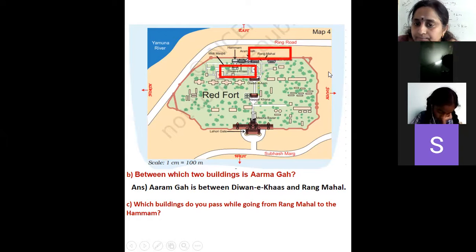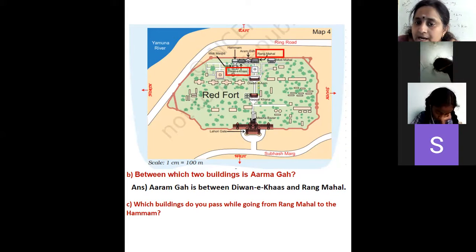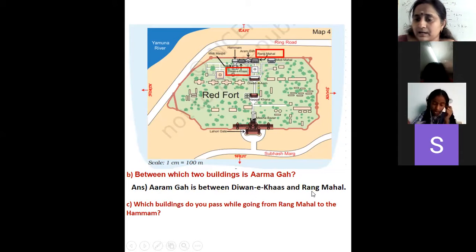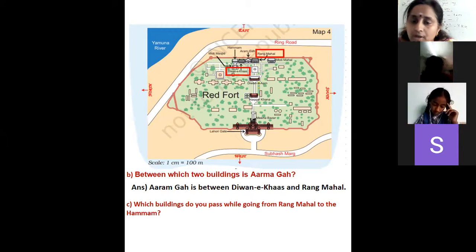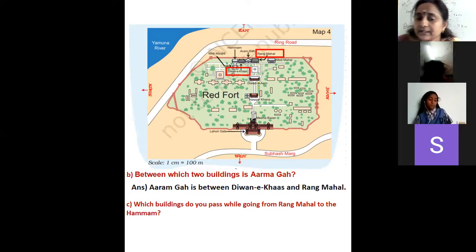Armagah is between Diwani Khas and Rag Mahal. So by seeing the map, you have to observe all the things. If some questions are asked, observe the map clearly. There you can find the answers.